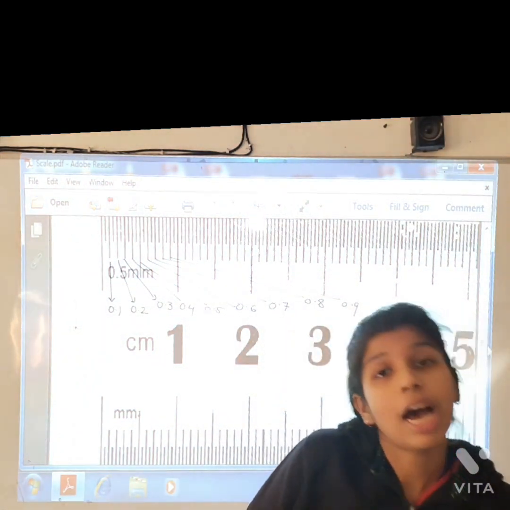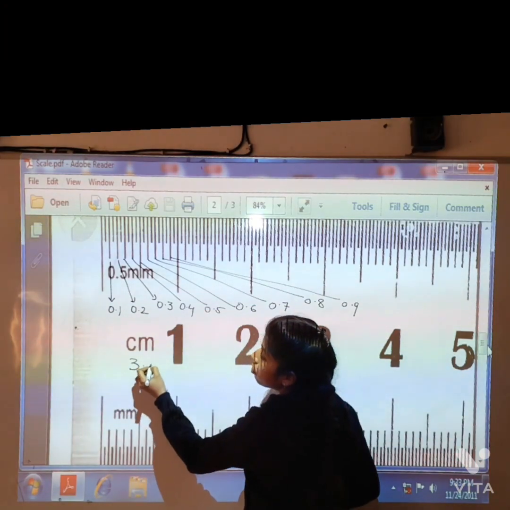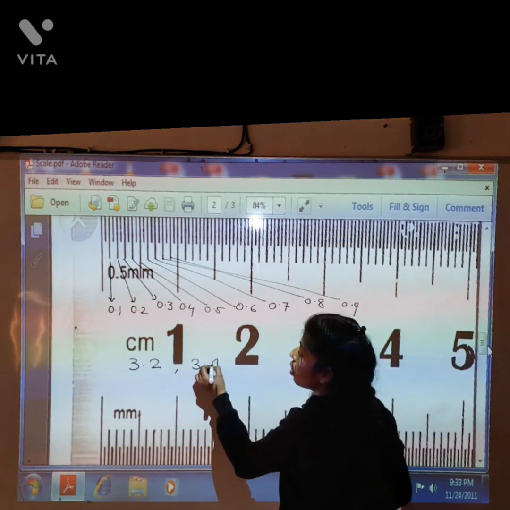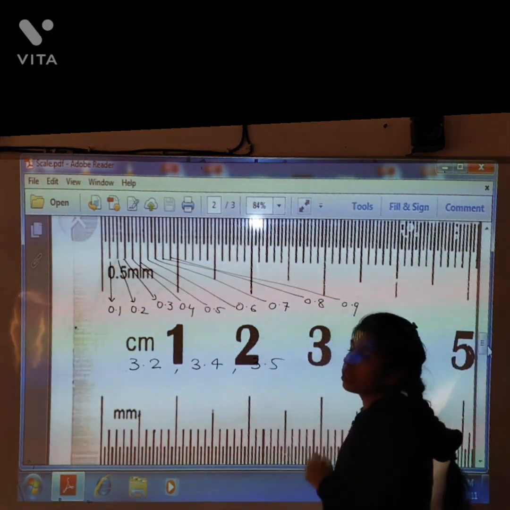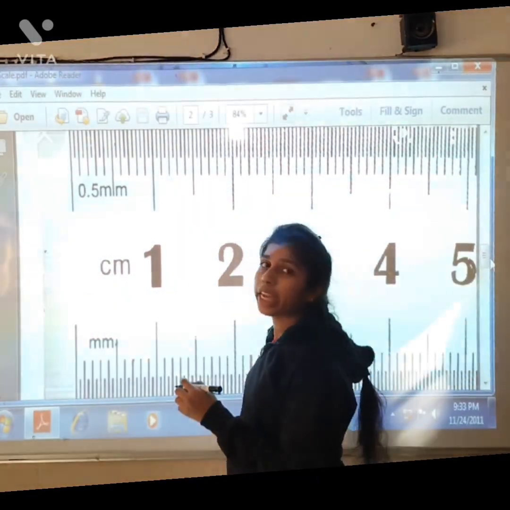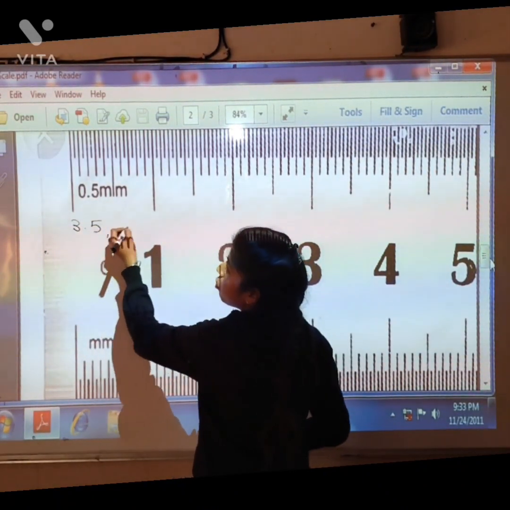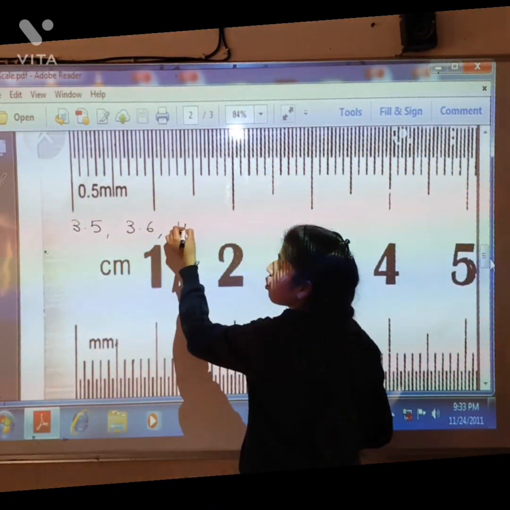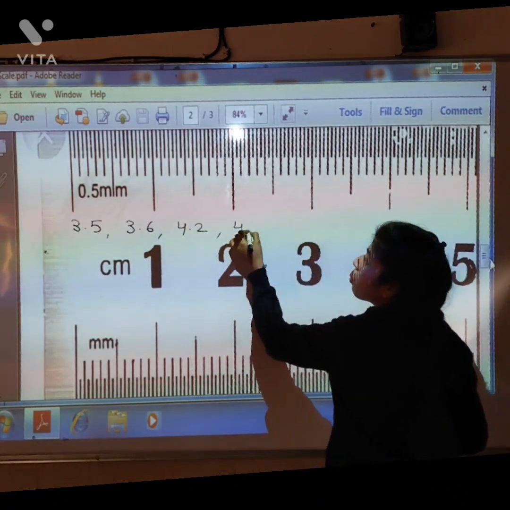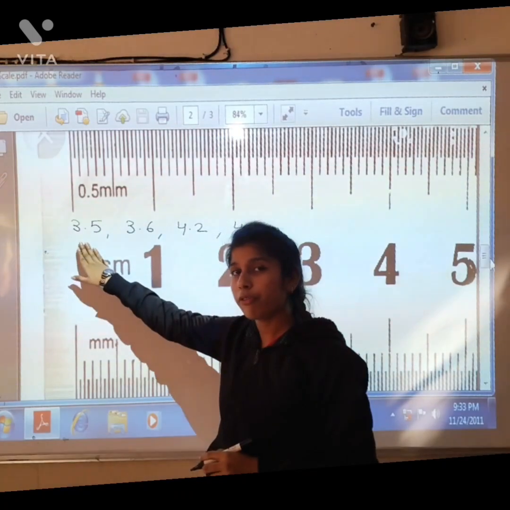Now we start how to measure a line segment of 3.2, 3.4 and 3.5. So now we learn how to measure a line segment of decimal numbers, like 3.5, 3.6, 4.2 and 4.8. First of all, how to measure a 3.5 line segment.